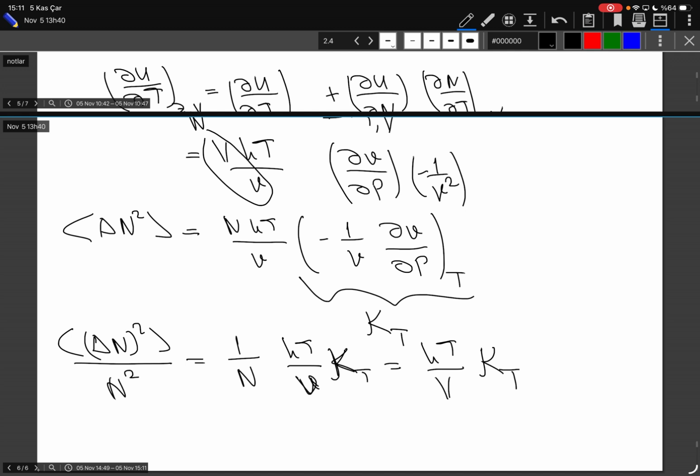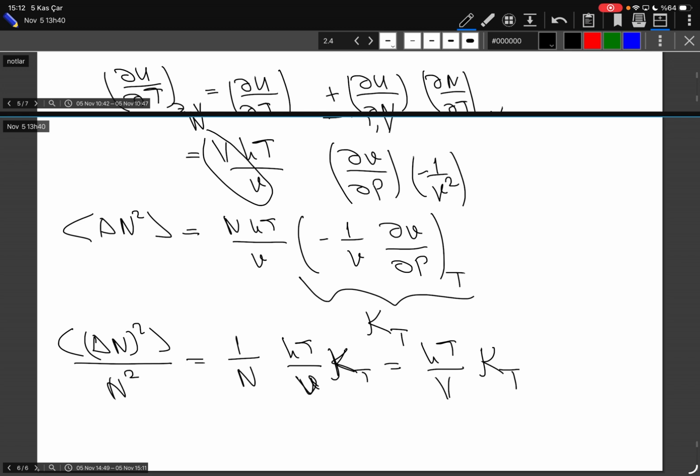So V is something of the order of n. Again, it seems as if, I underline this, it seems as if the relative fluctuations go to 0 in the thermodynamic limit for macroscopic systems. And the reason why I say that it seems as if it goes to 0, well, it goes to 0 unless that compressibility is finite.